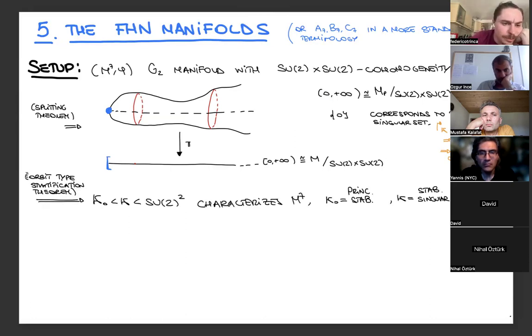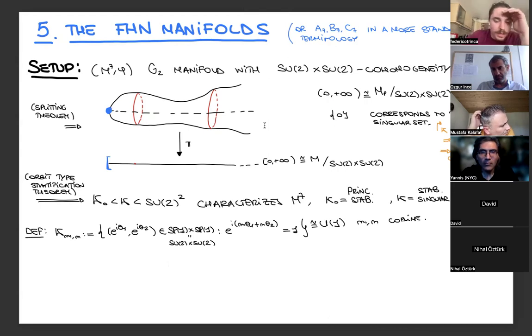By the orbit type stratification theorem, the geometry of M7 as a differentiable manifold is characterized by two subgroups, the principal stabilizer and the stabilizer of a singular set. So it is essentially what I meant before.